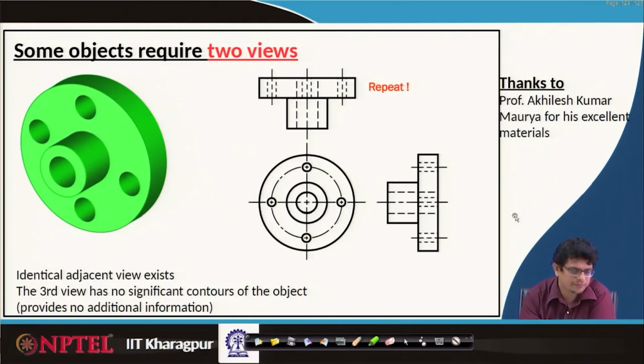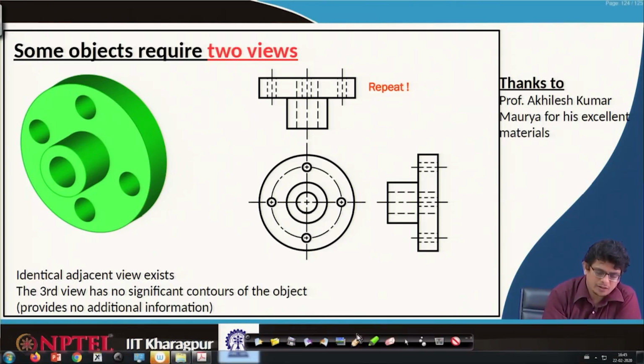So, let us make the front view direction this, where we get maximum information like the cylinder, cylinder diameters, the circular holes and so on. So, let us use that one as the front view.